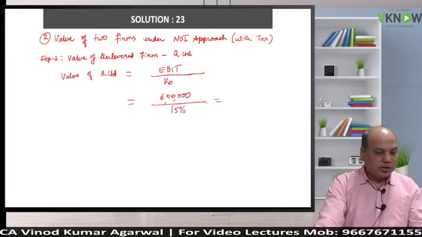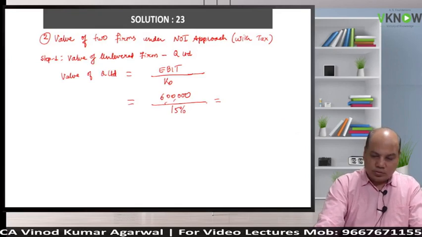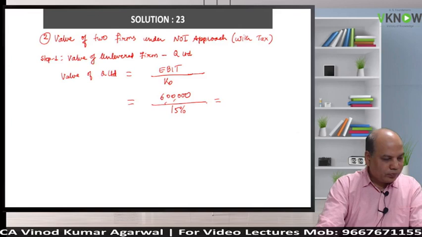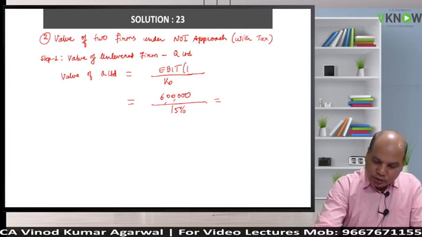So tell me, 6 lakh, just wait a minute, because there is taxation, it is 1 minus T also.